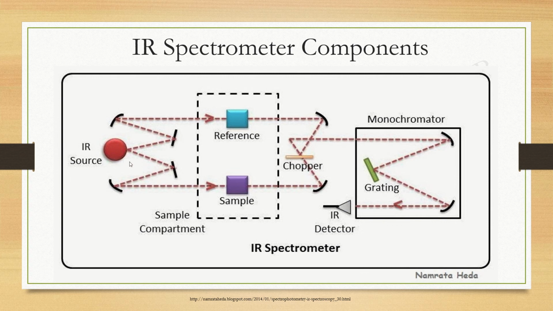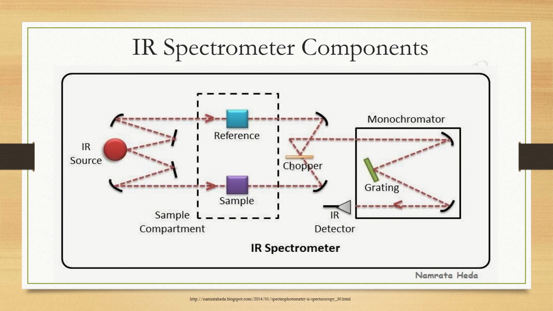Basically, to provide equal amounts of IR to both the reference as well as the sample, we use these kinds of mirrors. From the reference or the sample cell, the radiation is again reflected by a mirror to the chopper. The chopper is basically to split the beam.